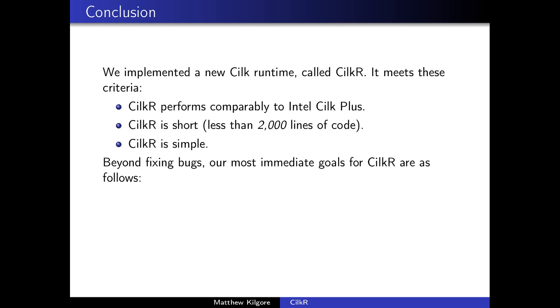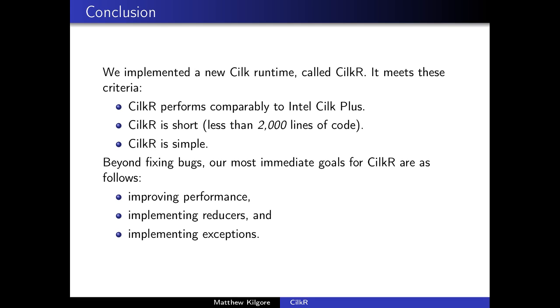So beyond fixing bugs, there are two of our most immediate goals for CilkR. First off, as we said, we want to get the performance up to par with Cilk+. Second, we want to implement reducers, those tools we mentioned before, and we also want to add support for exceptions. Combined, these would more or less round out the necessary features for a full Cilk runtime.